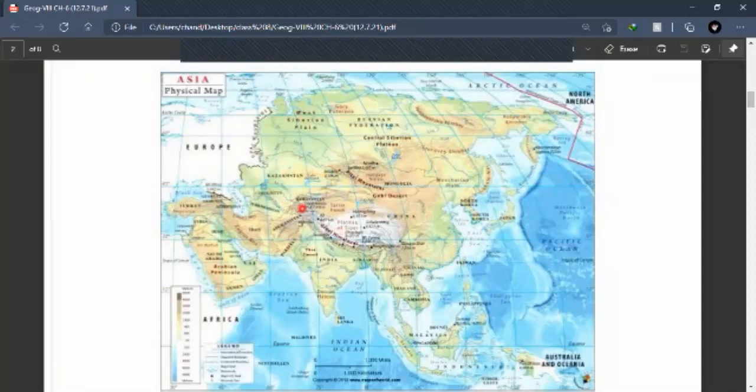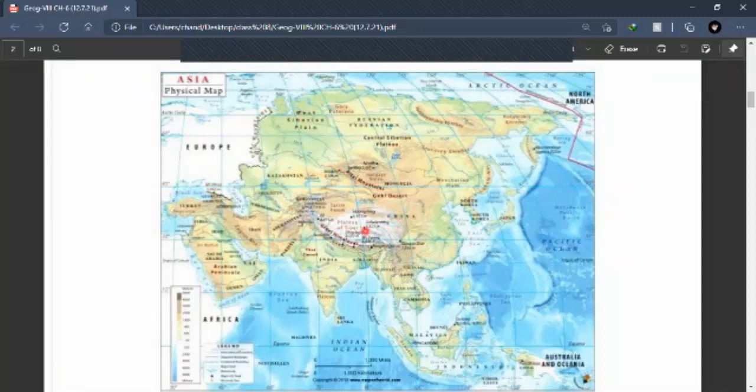The second physical feature is the Central Highlands. The Central Highlands or the Central Mountain Complex is a system of fold mountains and plateaus, which makes up the core of the mountain system of Asia.